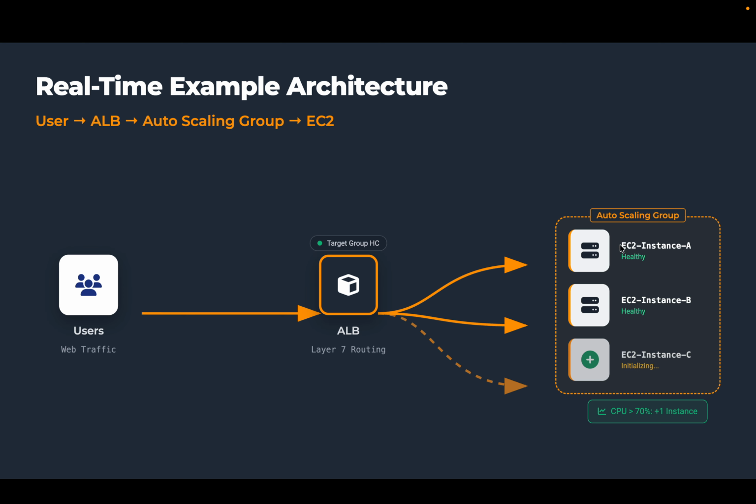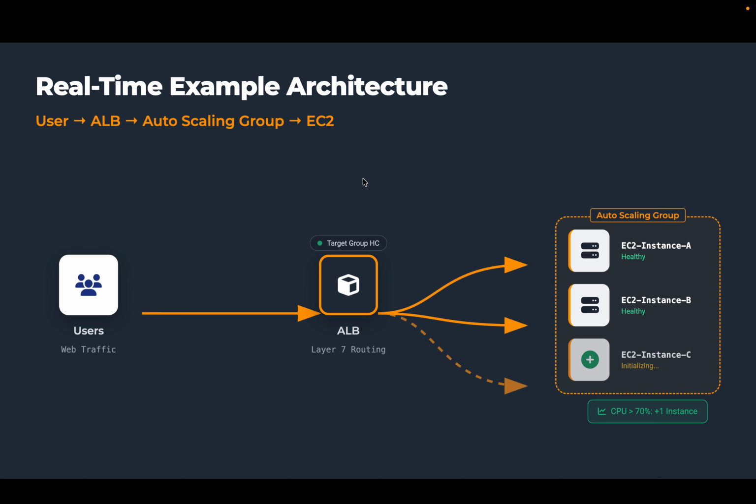Say EC2 instances A and B are there, but if our CPU is greater than 70%, then one instance is added. So we can say that instance C is initializing, meaning it is being created.